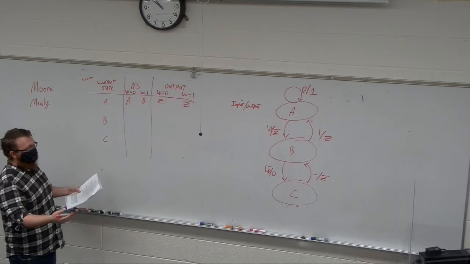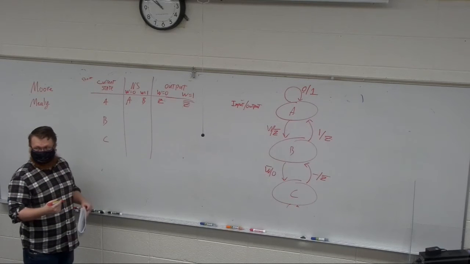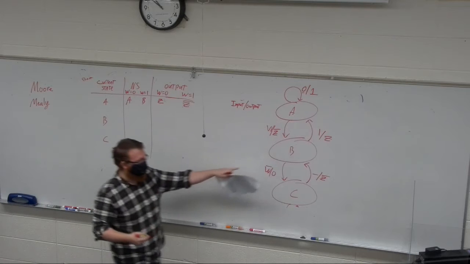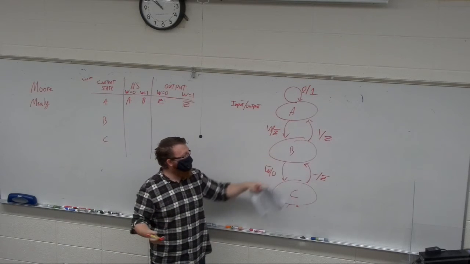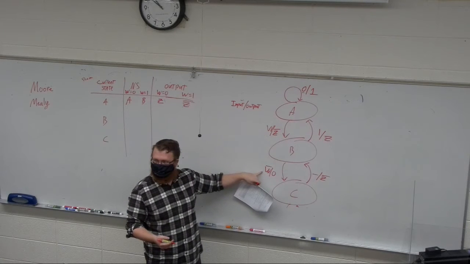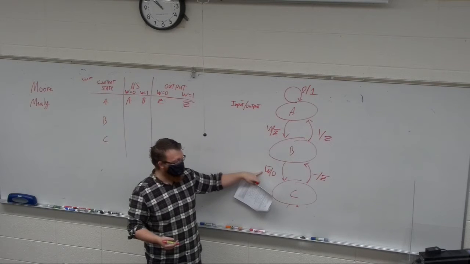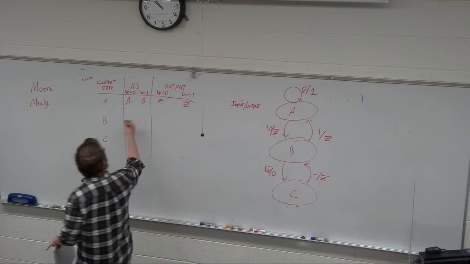Okay, so if I'm in B, the two places that I can go to are A or C, right? This is my current state. My next state depends on my input. If you're in B, you could either go to A or you could go to C. Or you can stay in B?